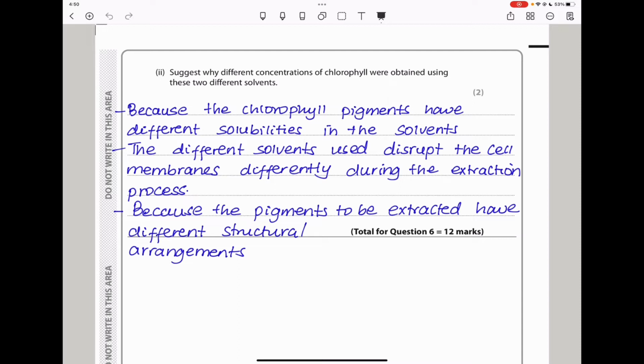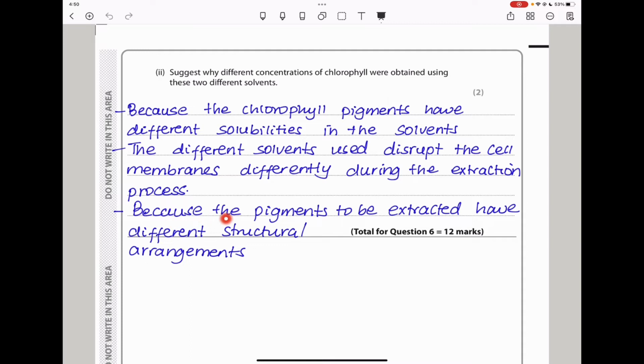Remember, you're trying to extract pigments from cells, so the cell membranes have to be disrupted or broken apart so that these pigments can leak out. So the different solvents disrupt the cell membranes differently. They do the breaking apart or creating pores within the cell membrane differently so that the contents or the pigments can leak out. So it's going to lead to a different concentration.